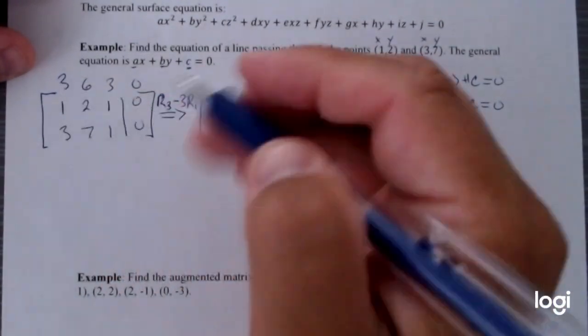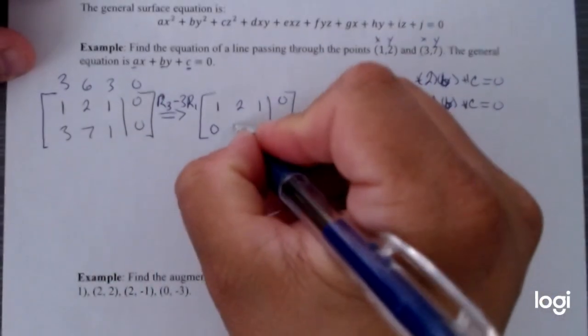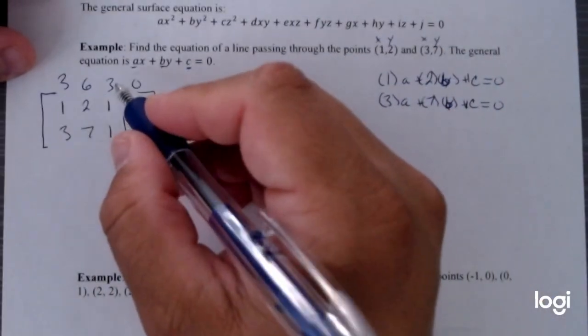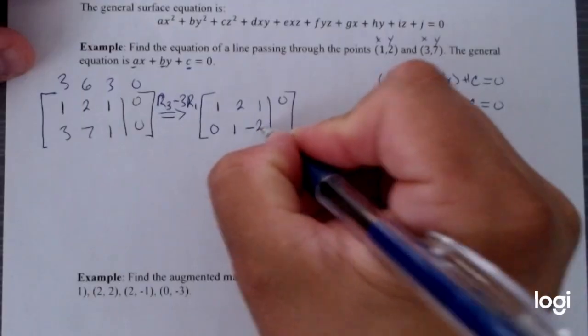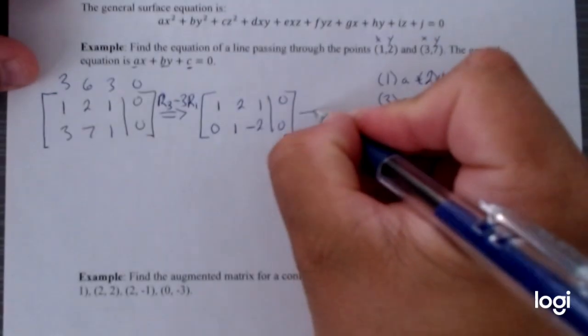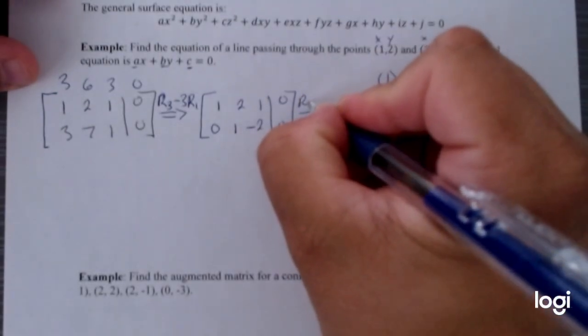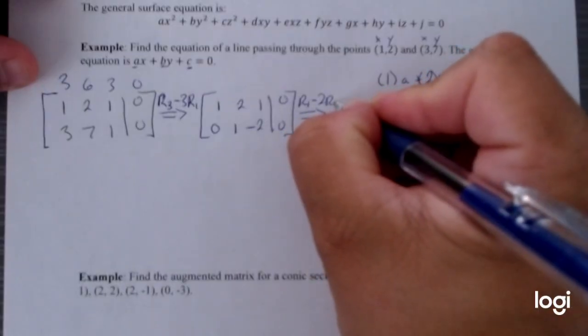So this minus this, minus this, and this minus this. Okay. So now I'll do row 1 minus 2 times row 2.